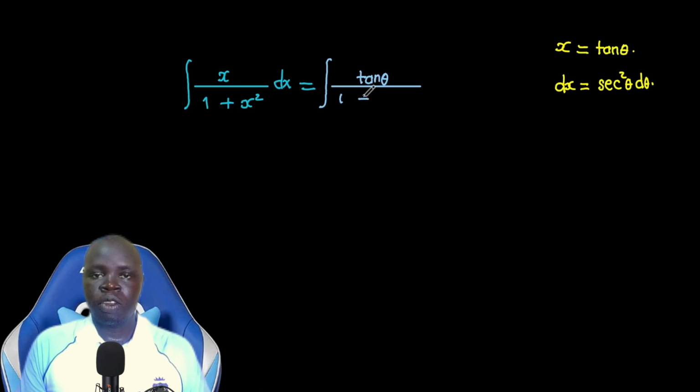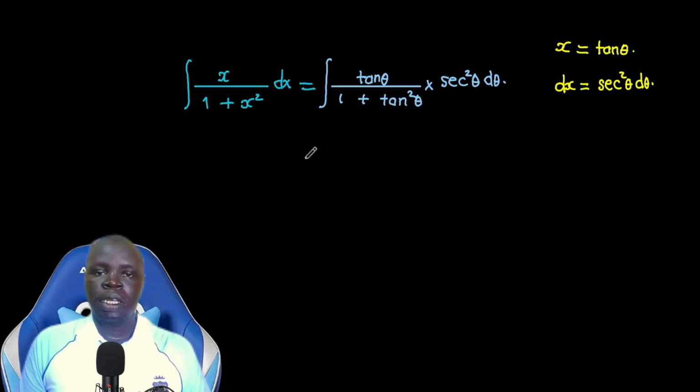and from the denominator we have x, which has been squared, so we can square tan theta. So instead of writing dx again, we are replacing dx with secant squared theta d theta.